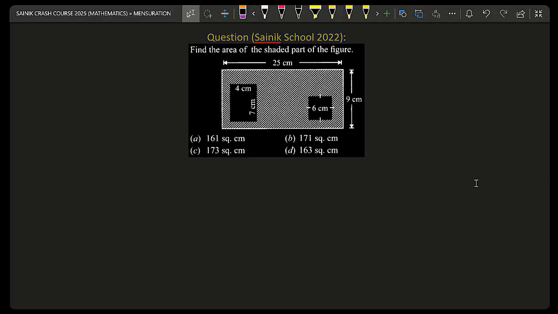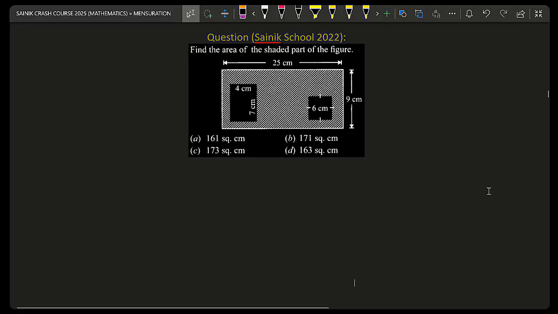Why are you adding and subtracting lengths? They're asking area of the shaded part, no? Yes, sir. How to find the area of the shaded part? Daksh, you want time to solve again? Yes, sir. Okay, you can try. Yes, Neeraj, can you explain how to get the area of the shaded part?